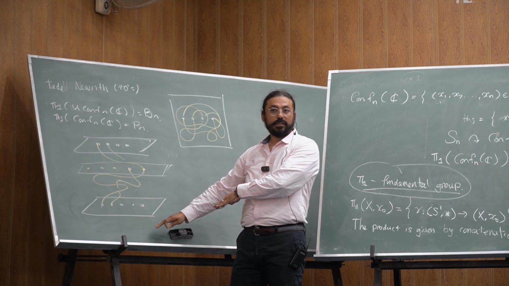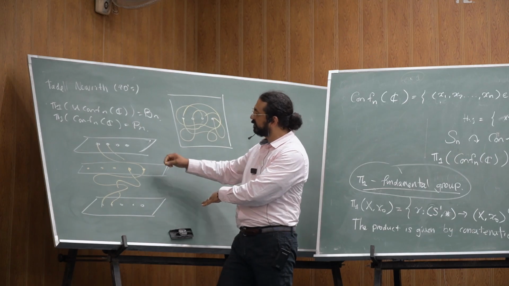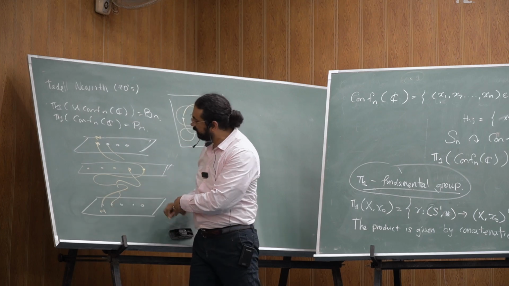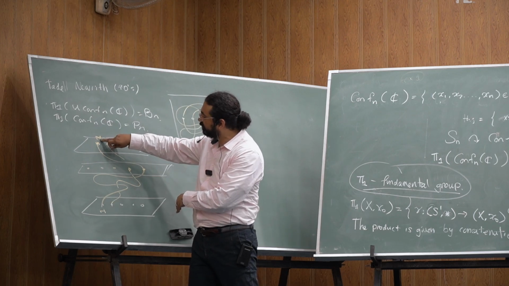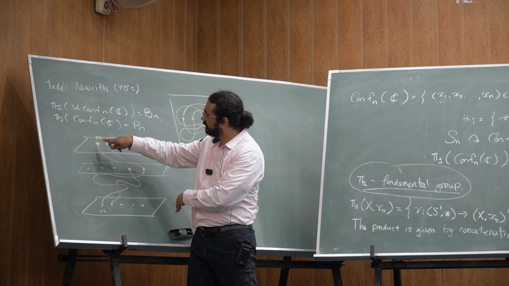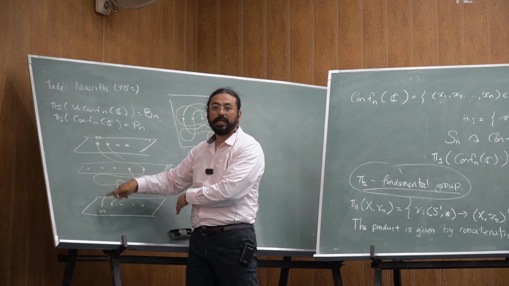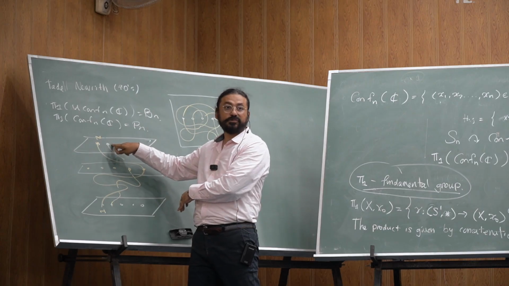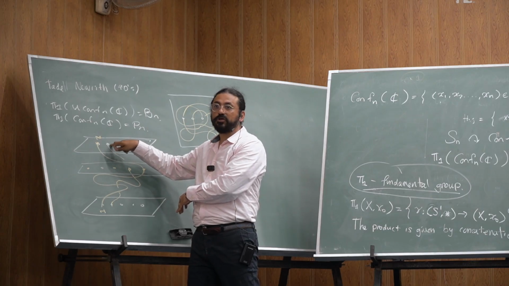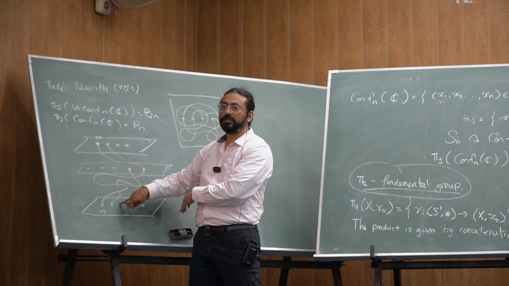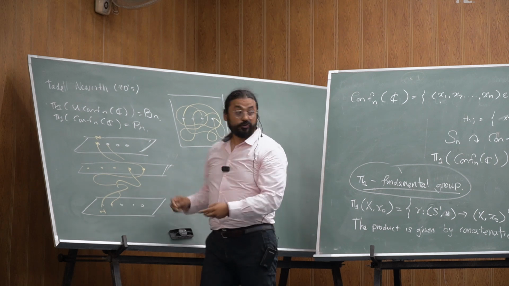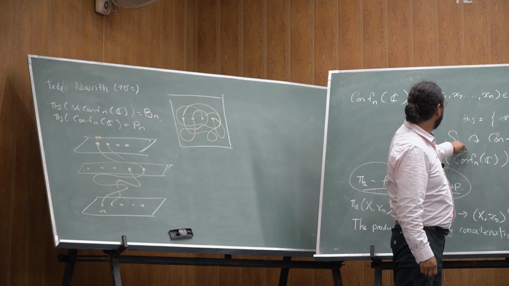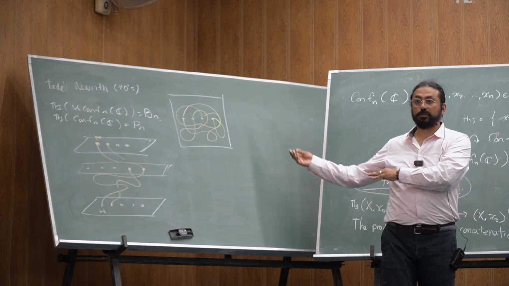But this is a special braid, because string 1 begins at point 1 and ends at point 1, and the same for the second: the second string begins at the second point and ends at the second point. But remember that we have an action of the symmetric group on this.